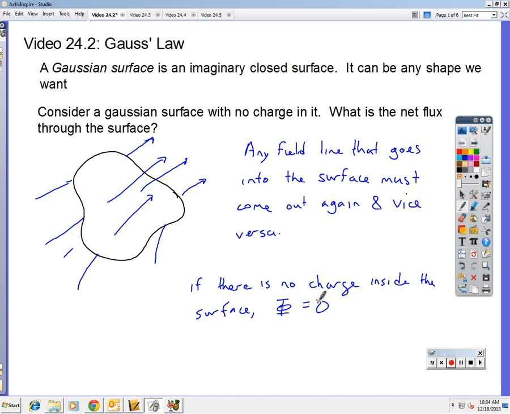Doesn't matter what the electric field is, if none of the charge that creates that field is inside the surface, the flux through that surface will be zero. Very, very important thing. There is obviously charge somewhere outside the surface, otherwise there wouldn't be an electric field, but if there's no charge inside it, flux is zero. Very important thing to remember.